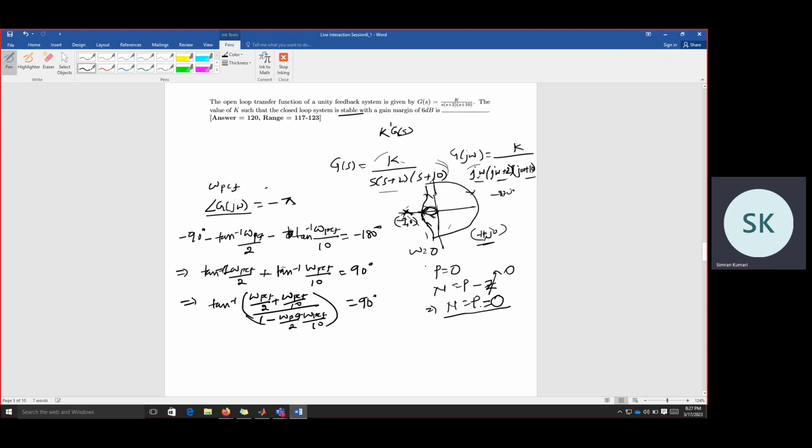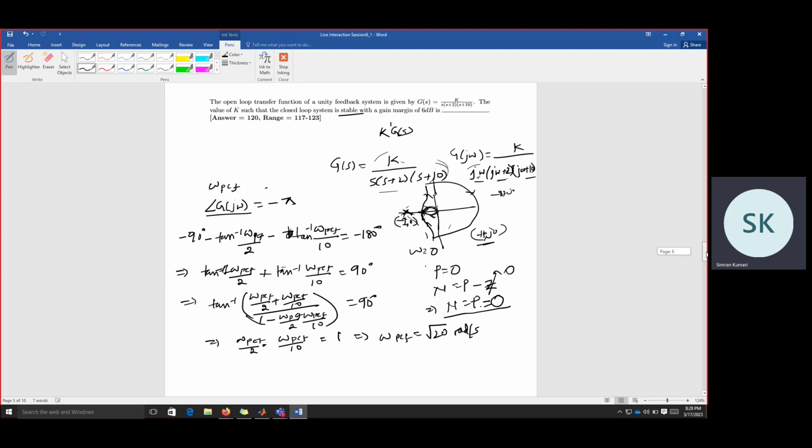Once we solve this, we get omega PCF by 2 into omega PCF by 10 equal to 1, which means omega PCF is root 20 radian per second.